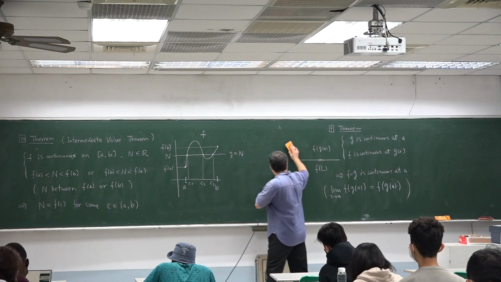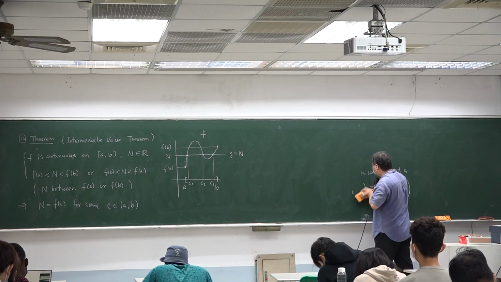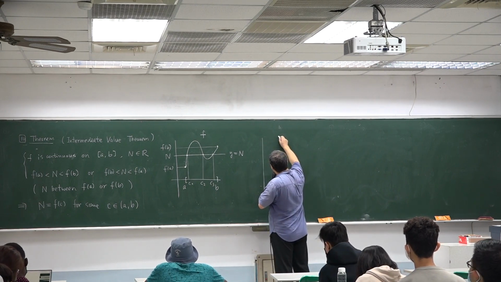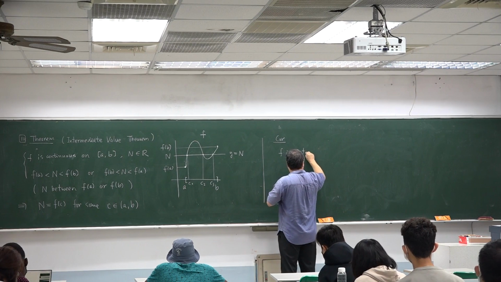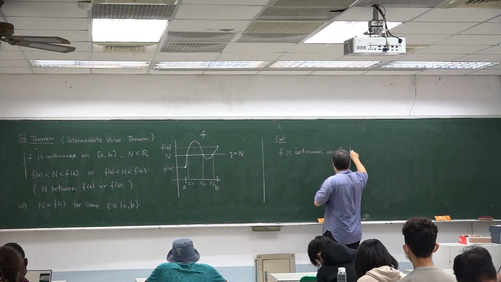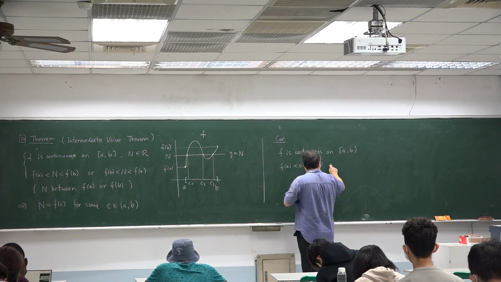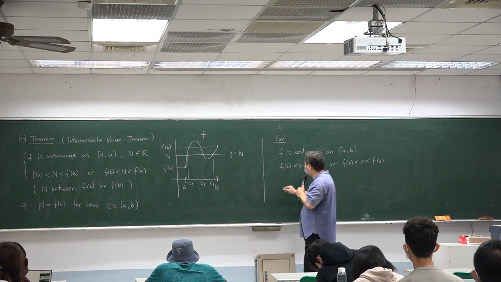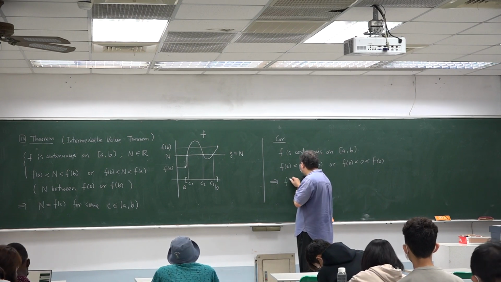A special case of this theorem, when the capital N is 0, according to this theorem, there must be some number c between A and B such that f of c equals 0.